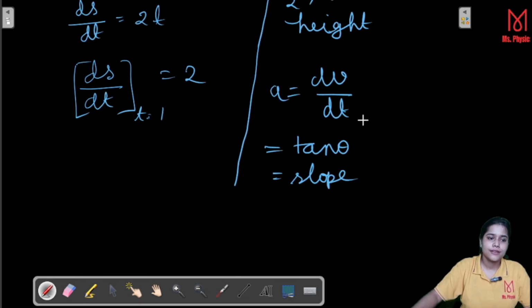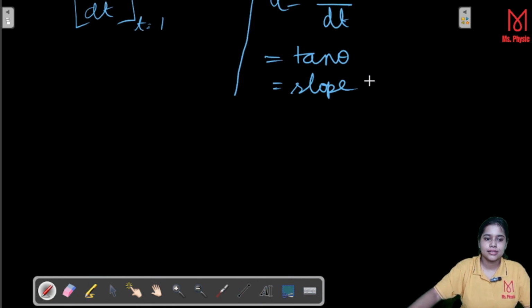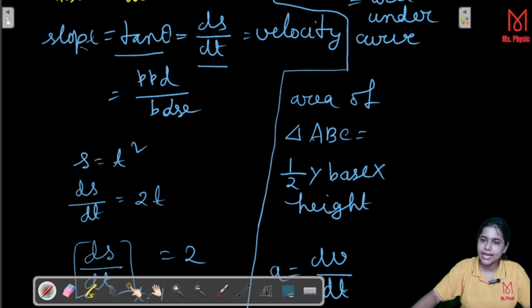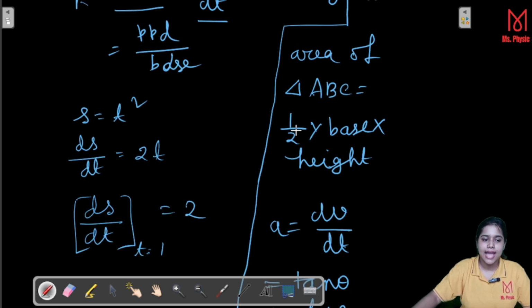Also, another way: suppose you are asked to find out your acceleration at this point 4 again, then if you want to calculate tan theta, it is perpendicular over base. That means you have to find these 2 points, that is B and C, right? Then you have to calculate tan theta again with BC, that is the perpendicular, over AC. Same way, you can find out the acceleration.